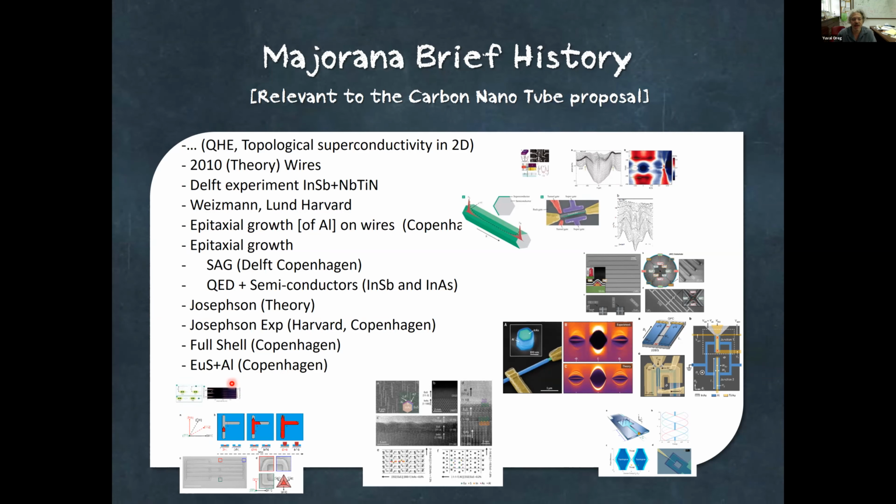The idea to form both ferromagnetism and superconductivity was actually discussed initially, but I think this was the first experiment that shows it was possible to do so, using the exchange field coming from europium sulfide and aluminum. This is in this experiment, and we'll hear more about that later on.